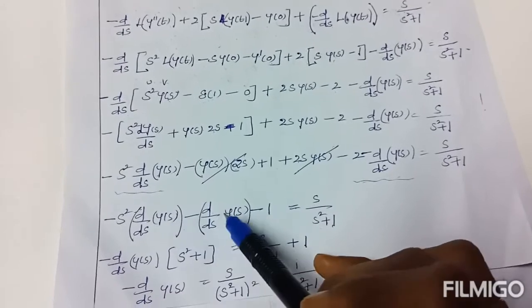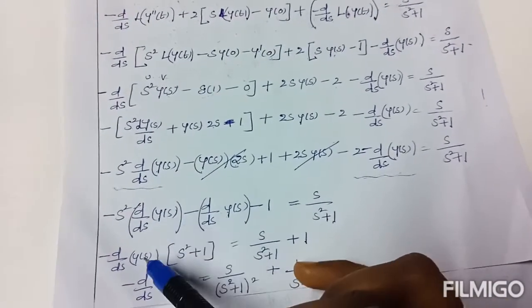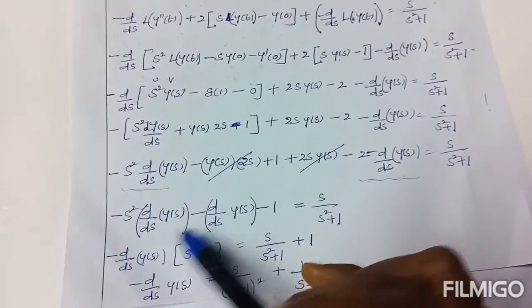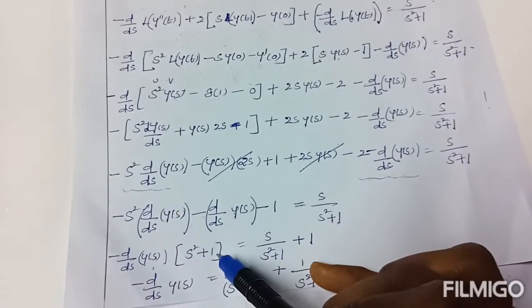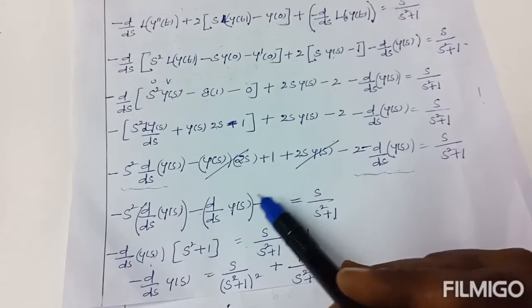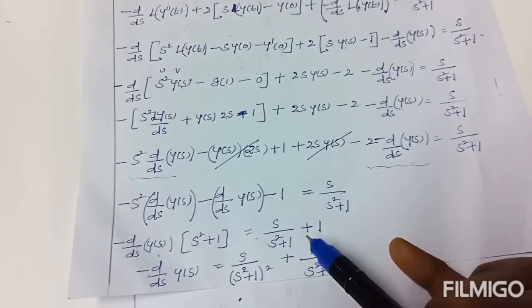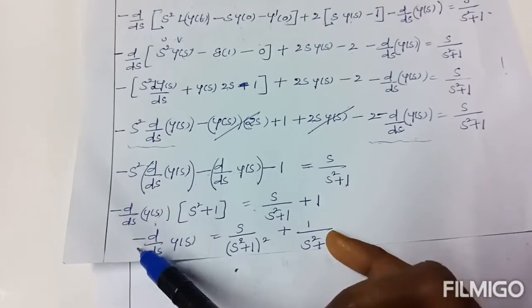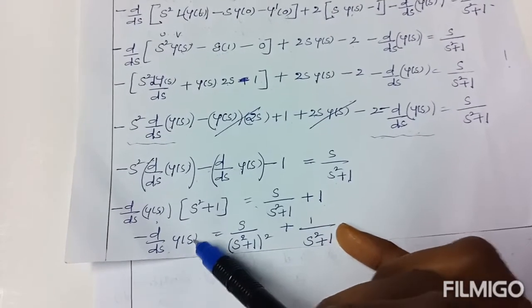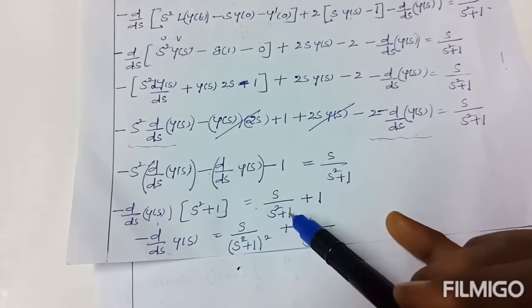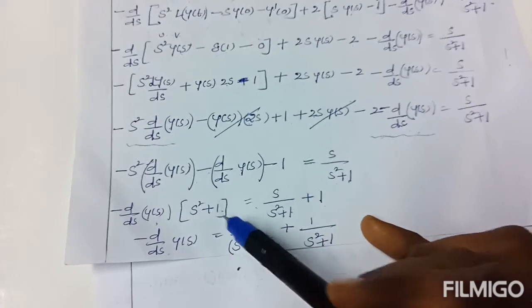From these two, which one has common? D by ds of y of s has common, minus also has common, so minus of s square plus 1 equal to, here there is a minus 1, you should write it on the right hand side, then it will change to plus 1, minus d by ds of y of s equals s by s square plus 1. This is also s square plus 1.